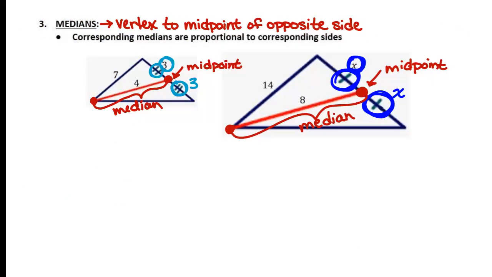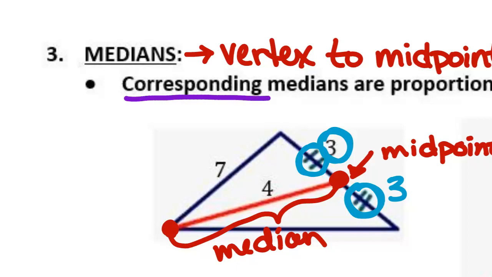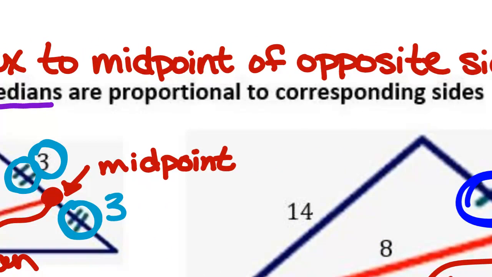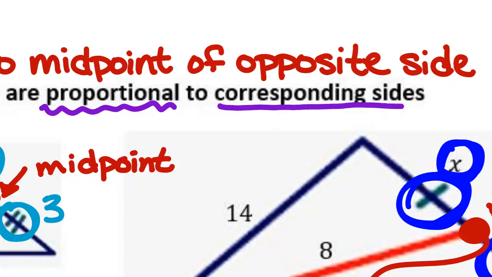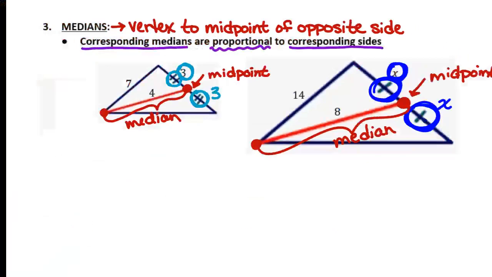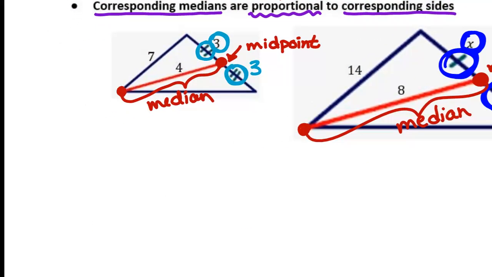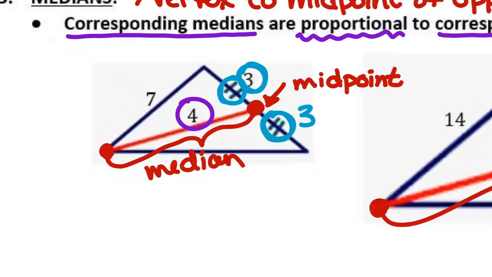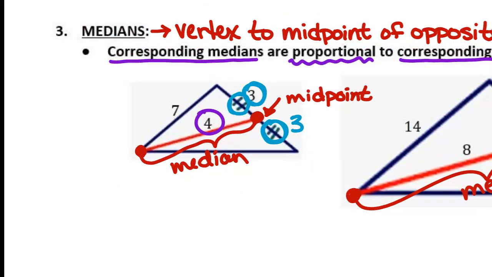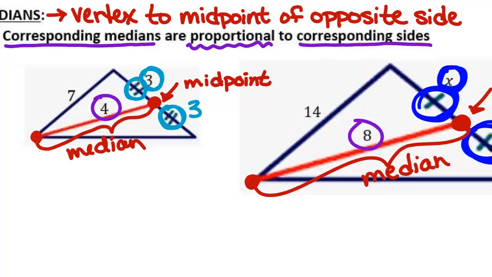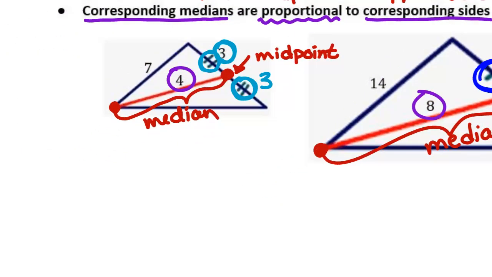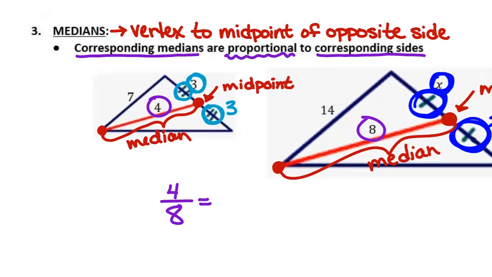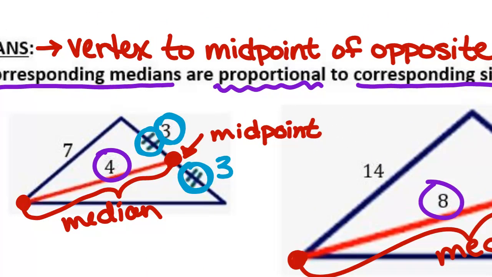Corresponding medians are proportional to corresponding sides. So my medians are 4 and 8. So I'd make a fraction with the 4 and the 8. That is proportional to corresponding sides.